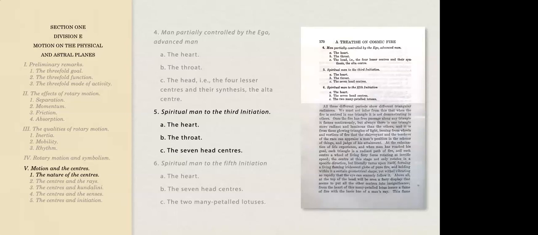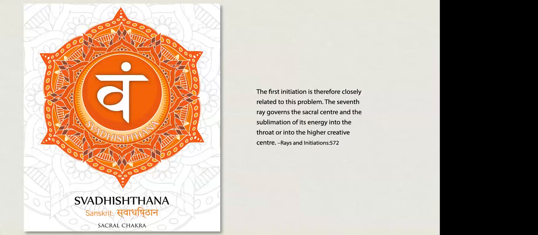But concerning the first of these initiations, DK says, the first initiation, therefore, closely related to this problem. The 7th ray governs the sacral center and the sublimation of its energy into the throat or into the higher creative center. In light of the soul, we learn that an active head center is necessary for this dual transference.